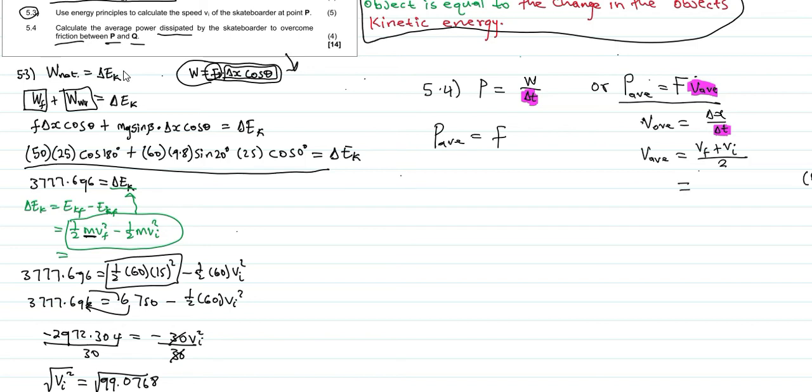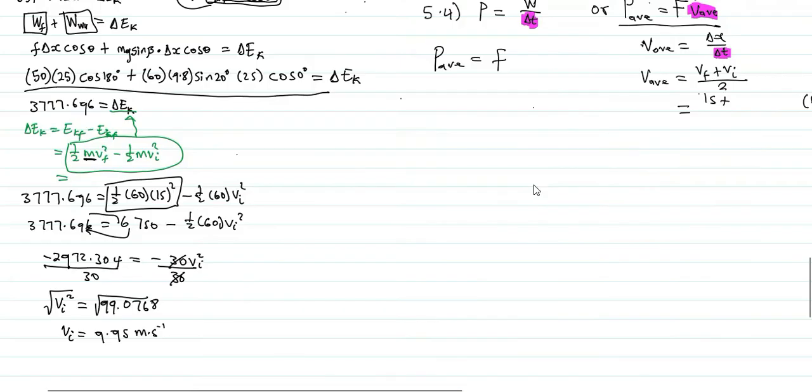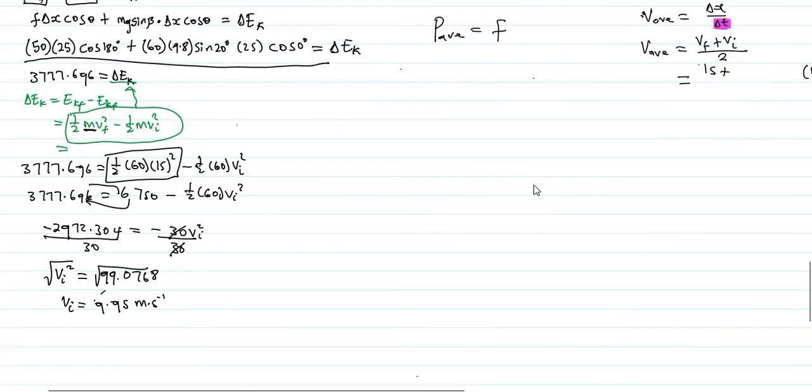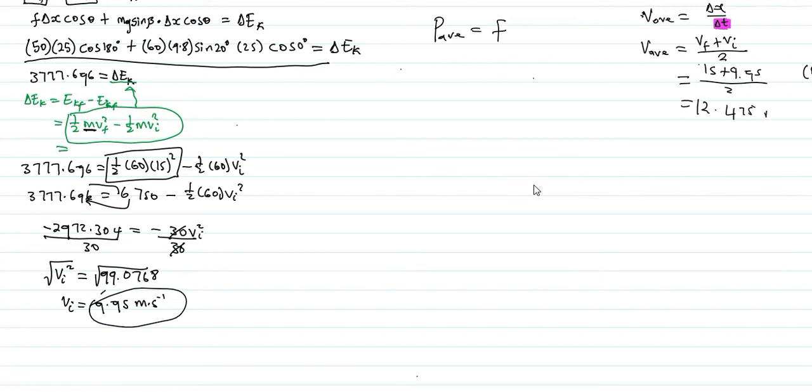We do have the final velocity, which is 15. The initial velocity, we calculated it here. So it is going to be 15 plus 9.95 divided by 2, and this is going to give us 12.475 meters per second.